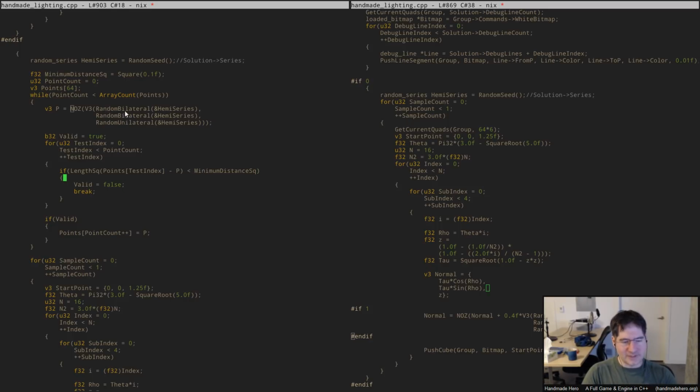So this is just going to put random points on the sphere and guarantee that no 2 points are too close together based on this value that we set. So that will give us 64 randomly generated points. Off we go.